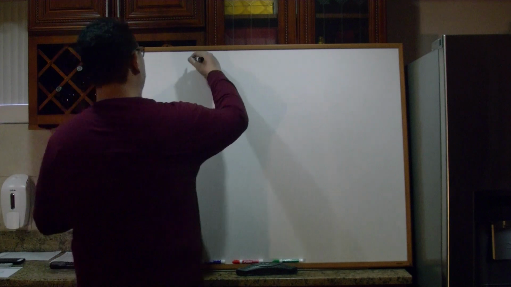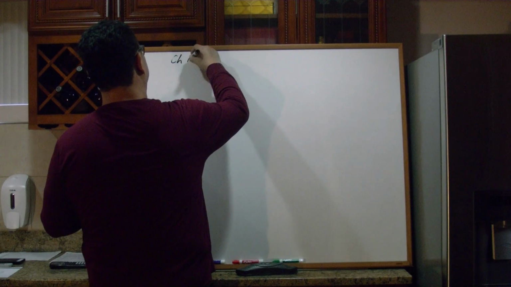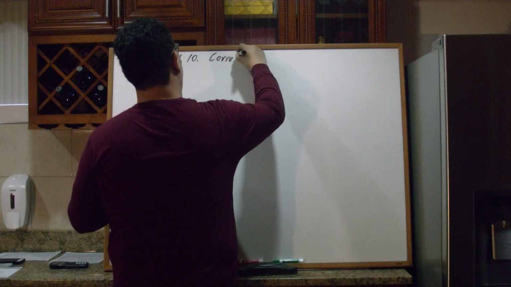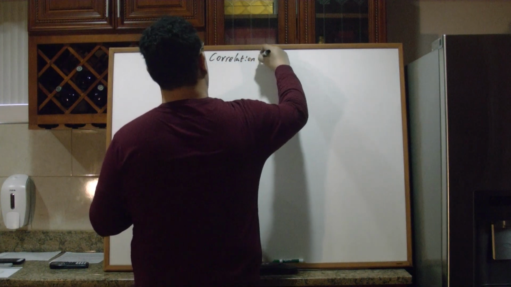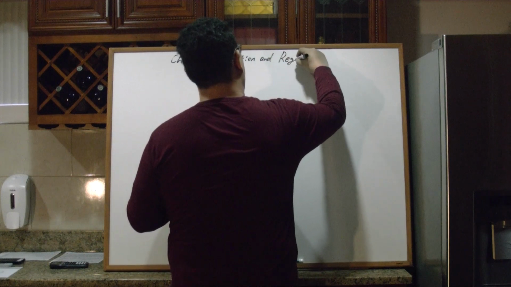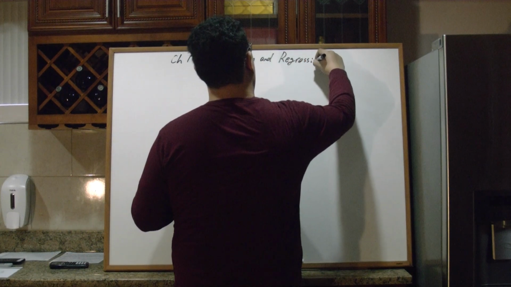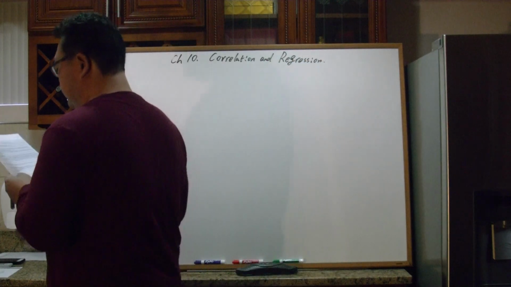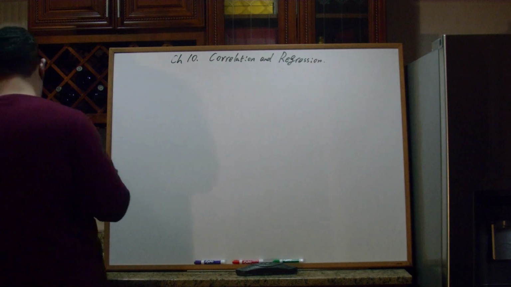Then for chapter 10, we had mentioned a little bit, it is about correlation and regression. Right, chapter 10 is about correlation and regression.